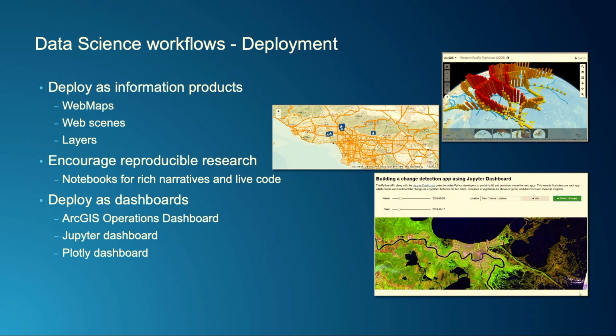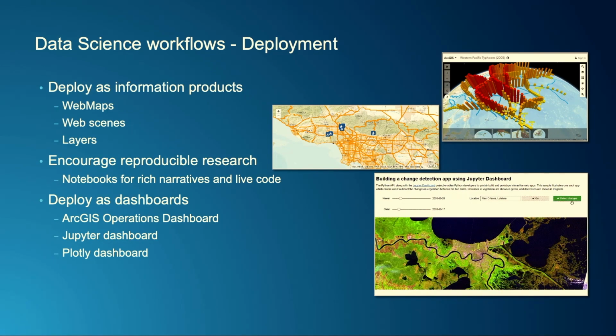Then you can share the notebook with anyone else. They have this rich narrative that you produced, they can understand the context for doing an analysis, there is a lot of text around it, and also live code so they can rerun the analysis or tweak your parameters and build another analytical output. This really encourages the reproducible research concept that we see going around in academic circles.